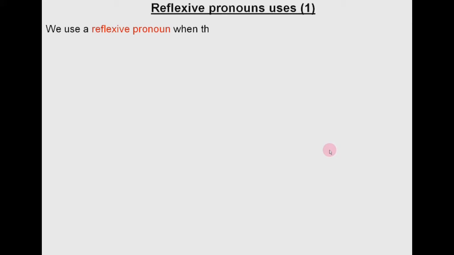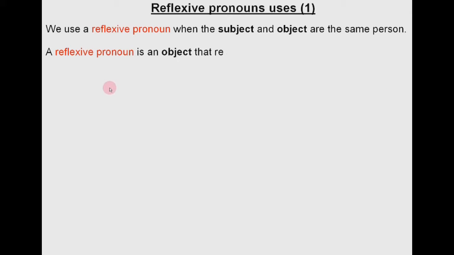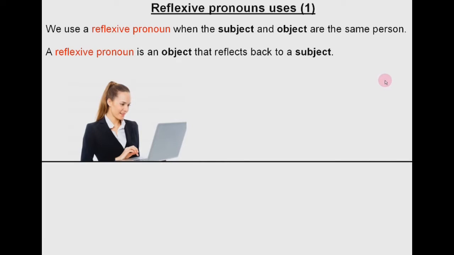So we use a reflexive pronoun when the subject and object of the sentence are the same person. A reflexive pronoun is an object that reflects back to a subject. So it is an object of the sentence and it reflects back to a subject. Example: Jane is preparing herself for the meeting.